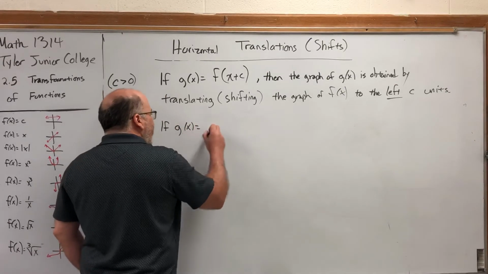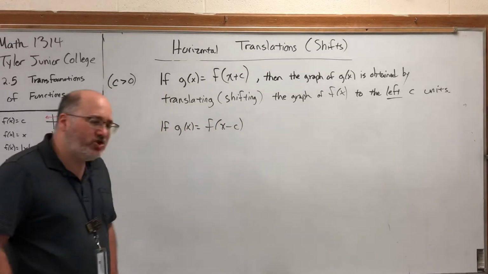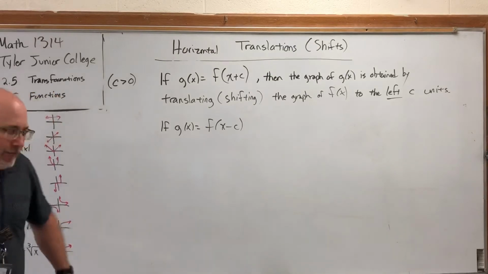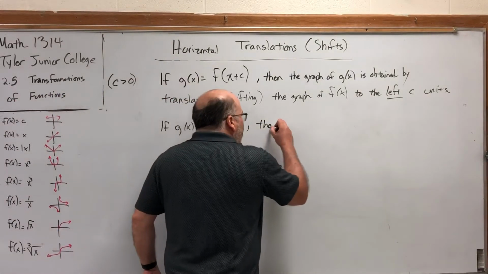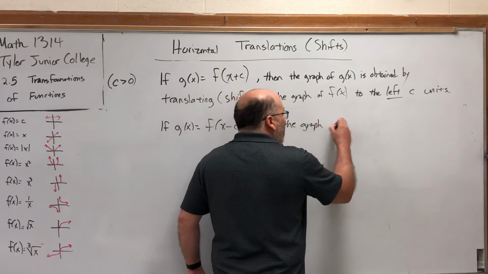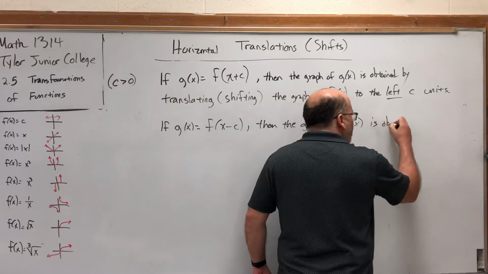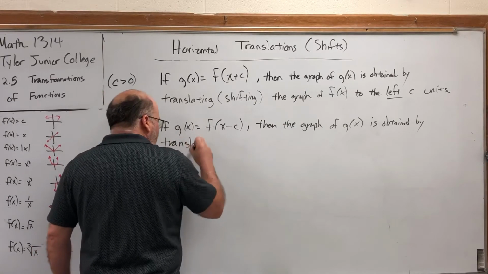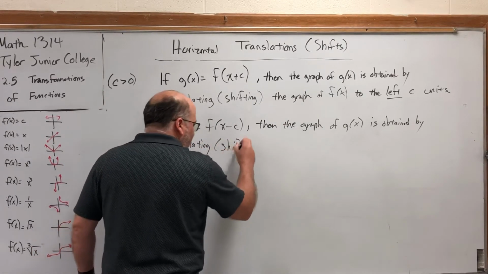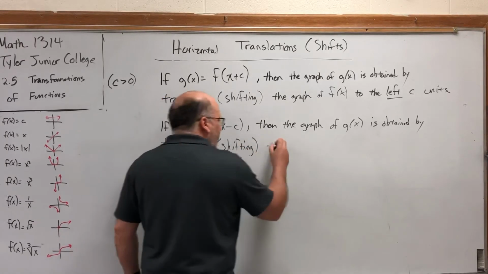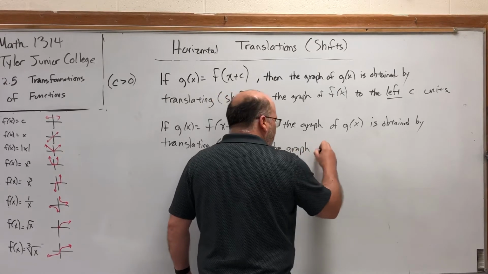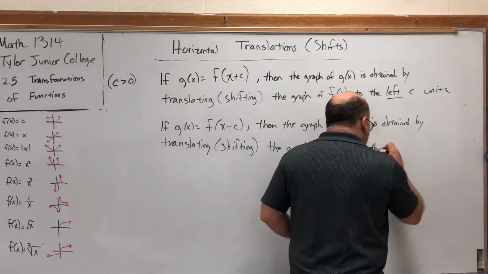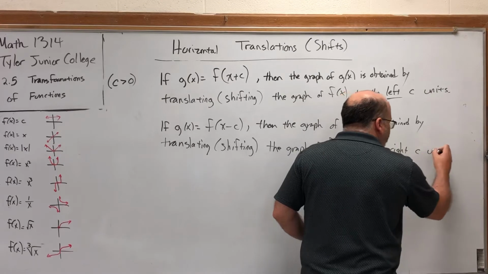If g of x equals f of x minus c, meaning that you had a function, but you walked up to the x, tracked parentheses around it, and subtracted a number from it, then the graph of g of x is obtained by translating or shifting the graph of f of x, the original function without the number subtracted from the x, to the right c units.